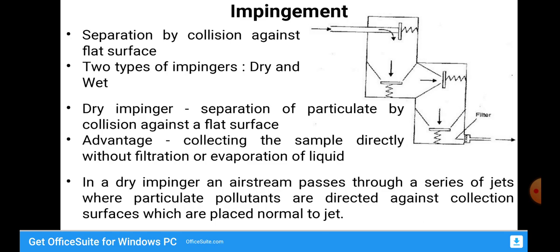Solid particles will collide with this flat surface and again they will be separated. This stream will change direction and enter another vessel on a flat surface. So at the end, the jet stream or air stream which passes through all this equipment will be clean, the particles will be separated.